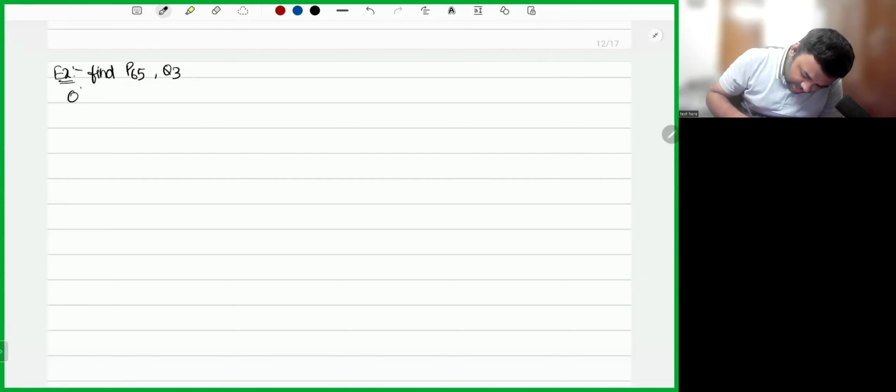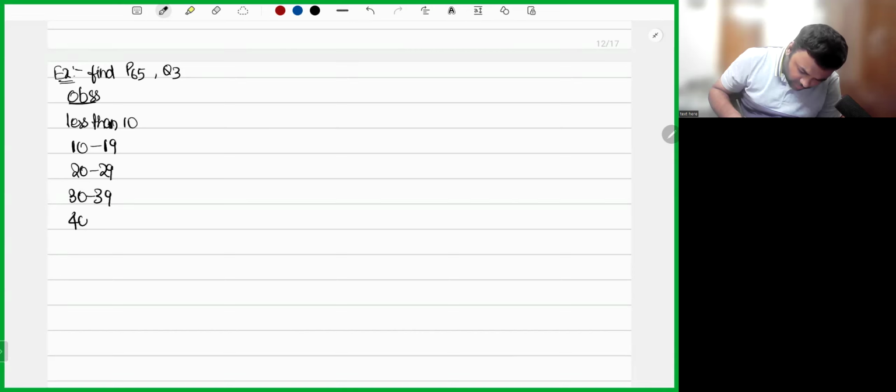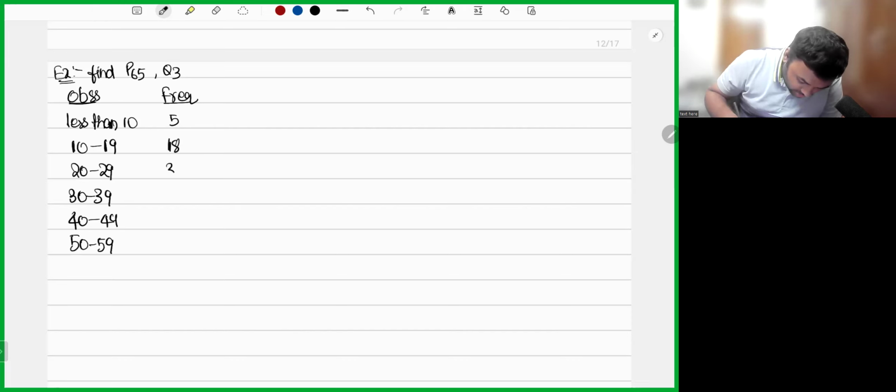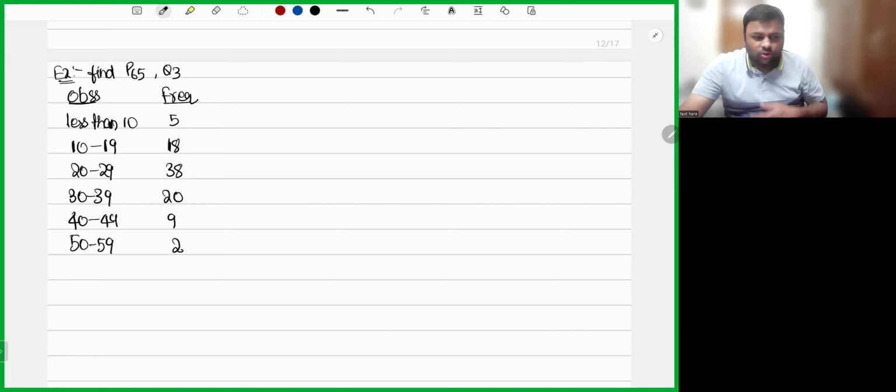Now, observations are given: less than 10, 10 to 19, 20 to 29, 30 to 39, 40 to 49, 50 to 59. Next, the frequencies are given: 5, 18, 38, 20, 9, and 2.